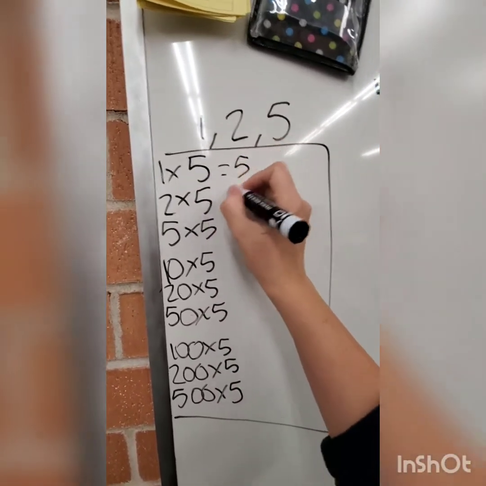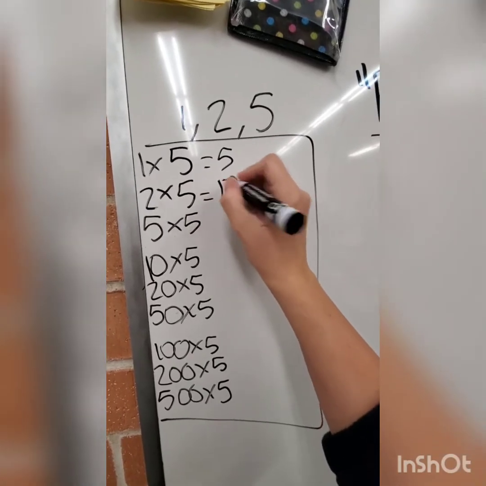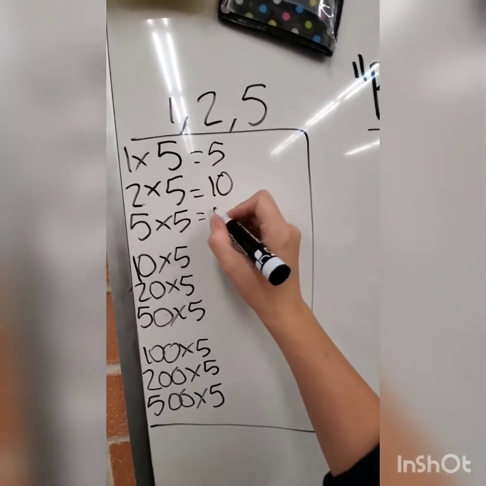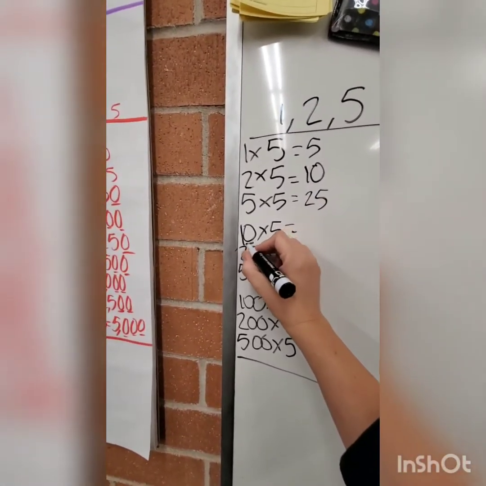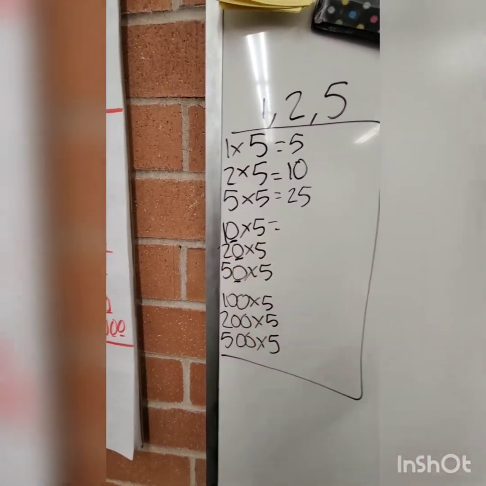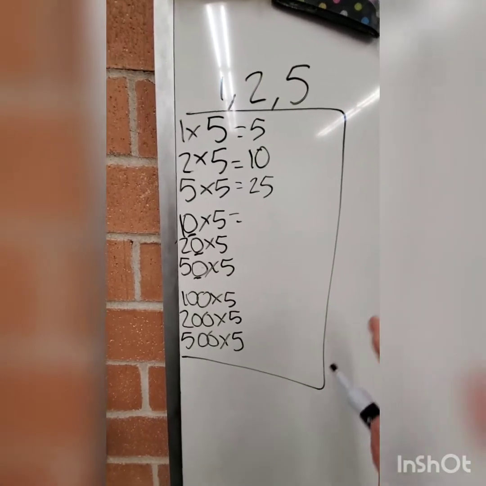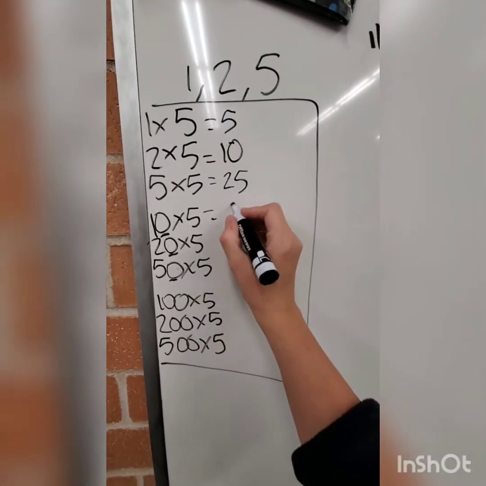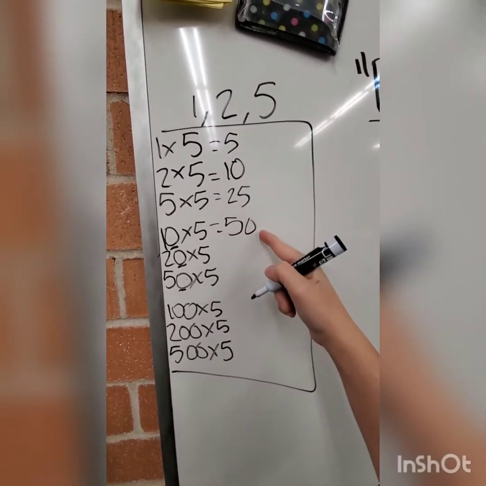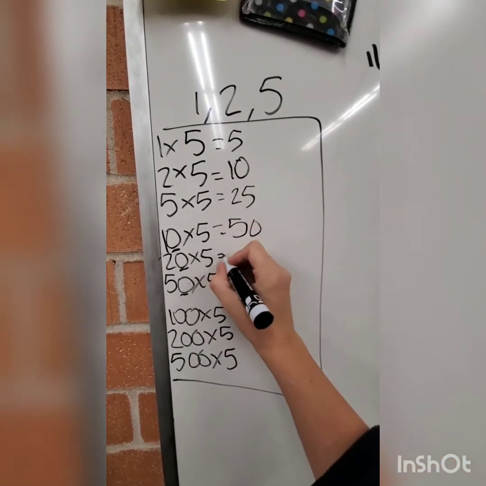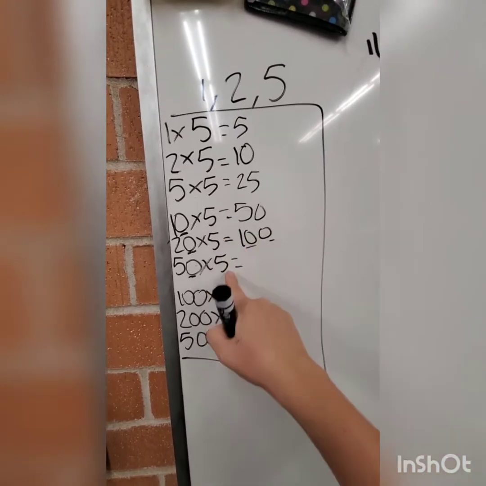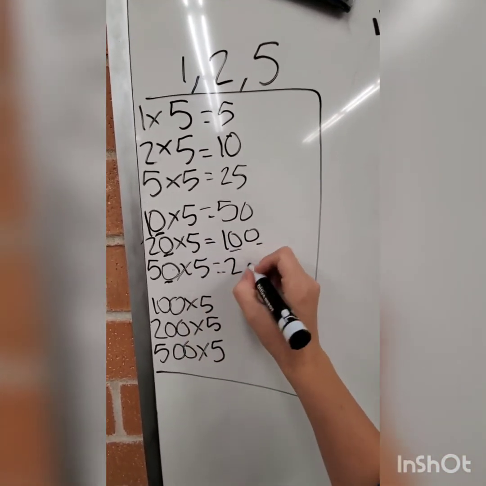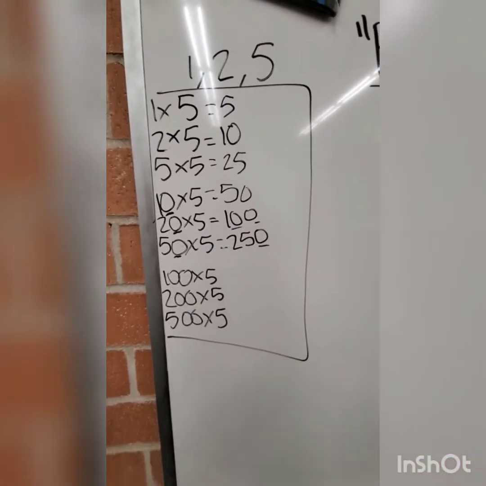1 times 5 is 5, 2 times 5 is 10, then 25, and then the kids know that if they're just going 10 times bigger, they just put a 0 at the end of it because we're shifting it over one place value. So 5 will become 50, 10 will become 100, and 50 times 5 will become 250.